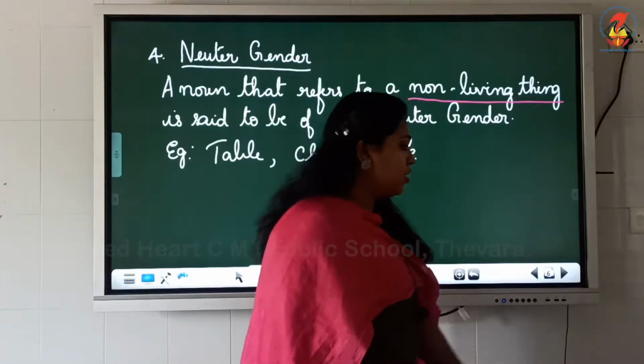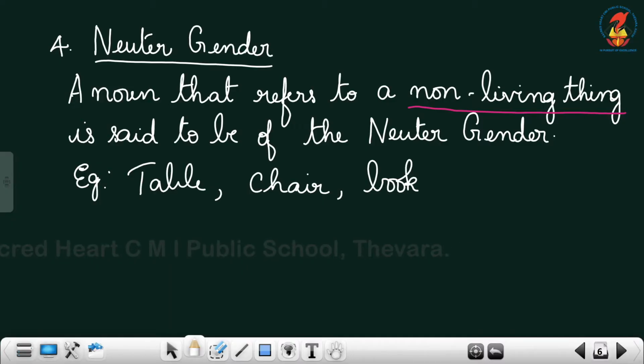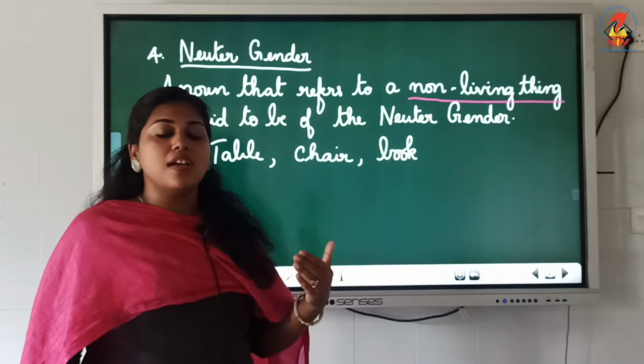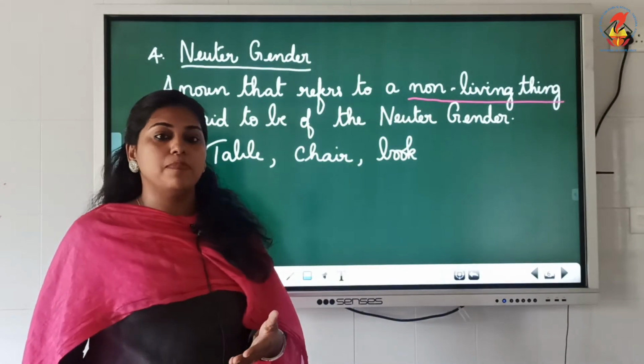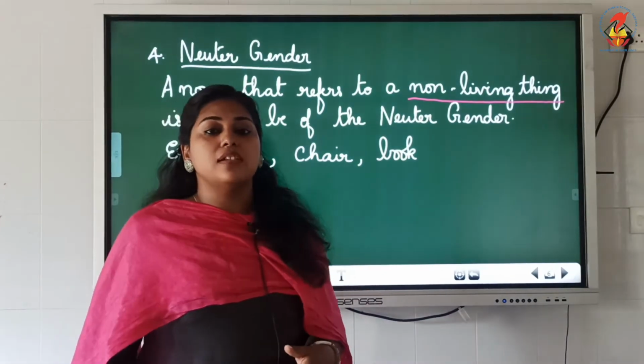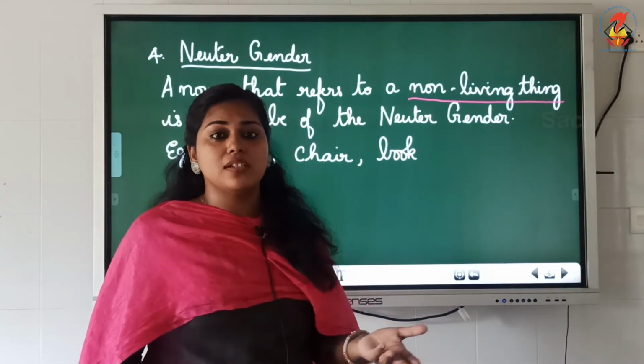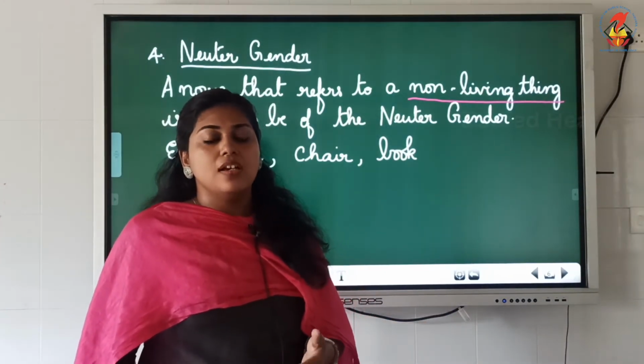Now let's see, what do you mean by neuter gender? Neuter gender refers to all non-living things, all objects which do not have a male or a female gender. Such things are referred to as neuter gender. For example, desk. Desk, we cannot say whether it is male or female, right?